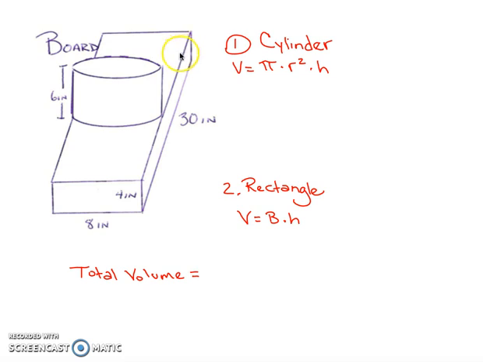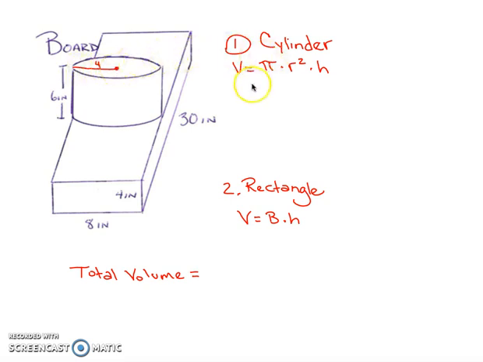So for the cylinder, we need to take pi times the radius. So if I look at this right here, I need this radius measurement. Well, if I come down here and look at this 8 is from edge to edge, which if I look up here from edge to edge, there's my diameter. So my radius would be 4.